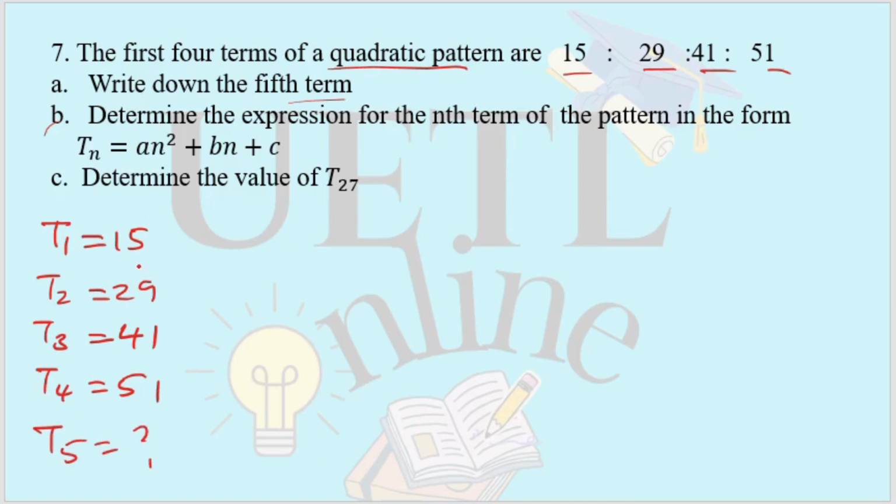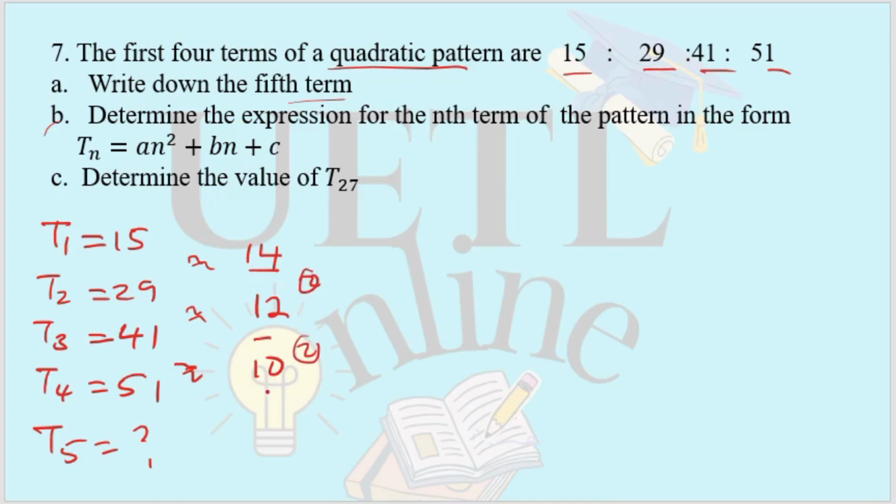Let's find the differences: 29 minus 15 is 14, 41 minus 29 is 12, and 51 minus 41 is 10. Now we can see 14, 12, 10, the second difference is 2 here and 2 here.